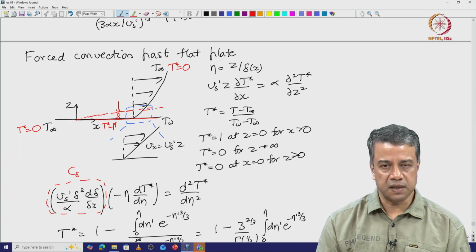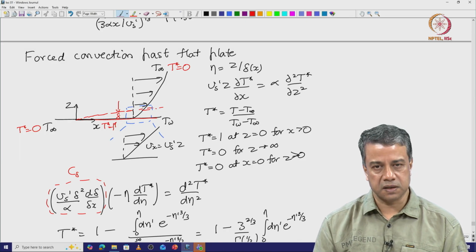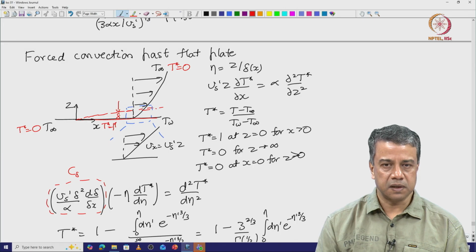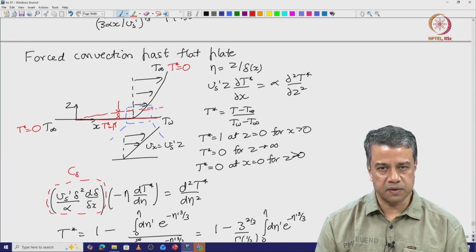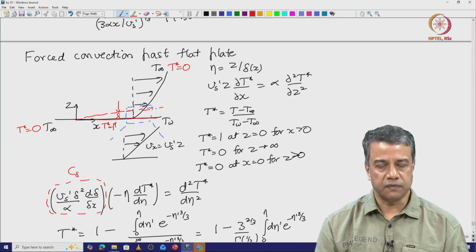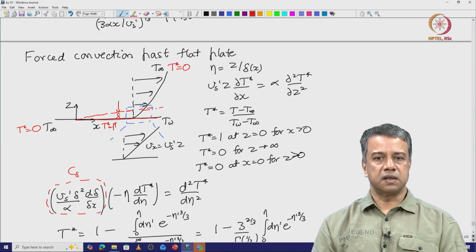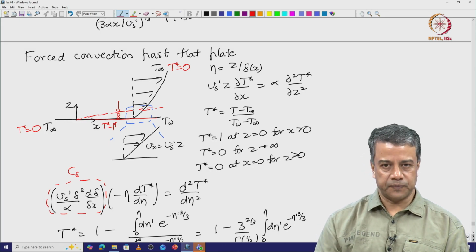That region is calculated from the condition that downstream convection and cross stream diffusion have to be of equal magnitude within this layer of thickness delta.